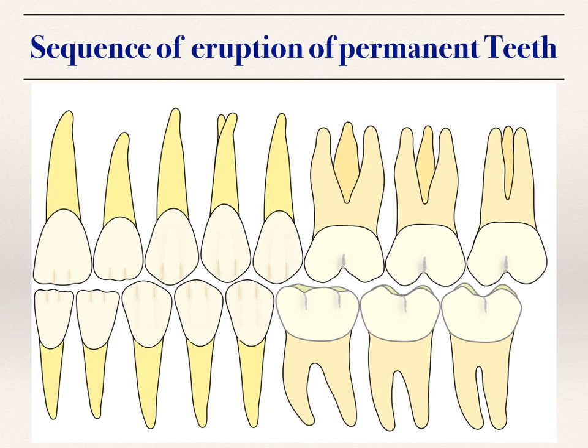Sequence of eruption of permanent teeth. The first permanent tooth to erupt in the oral cavity is the mandibular first permanent molar, followed by the mandibular central incisors, then the maxillary central, mandibular lateral, maxillary lateral, mandibular canine, mandibular first premolar and the maxillary first premolar at the same time, the mandibular second premolar and the maxillary second premolar at the same time, and then at 12 years the maxillary canine erupts.